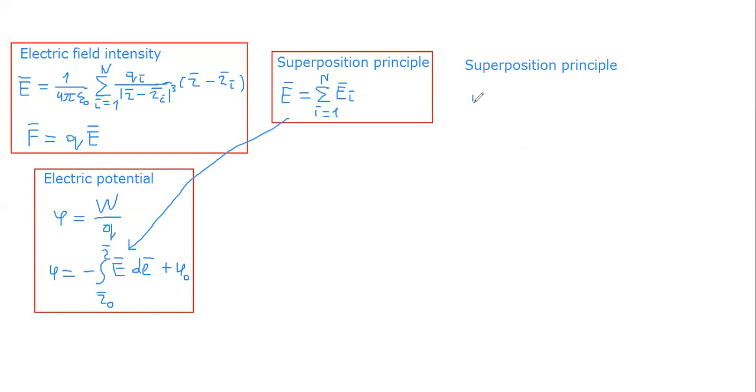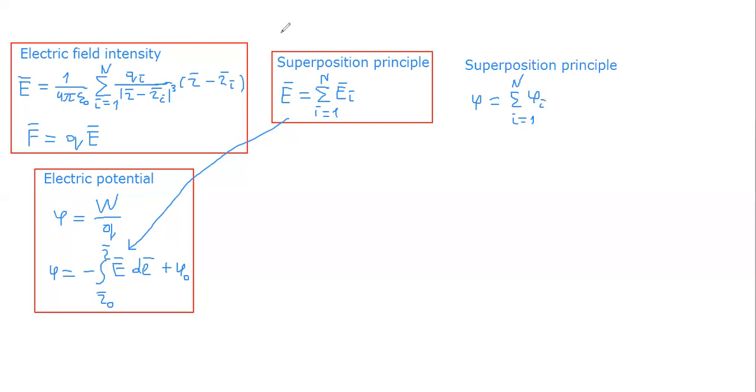For electric potential, phi is equal to the sum from 1 to n of phi i.